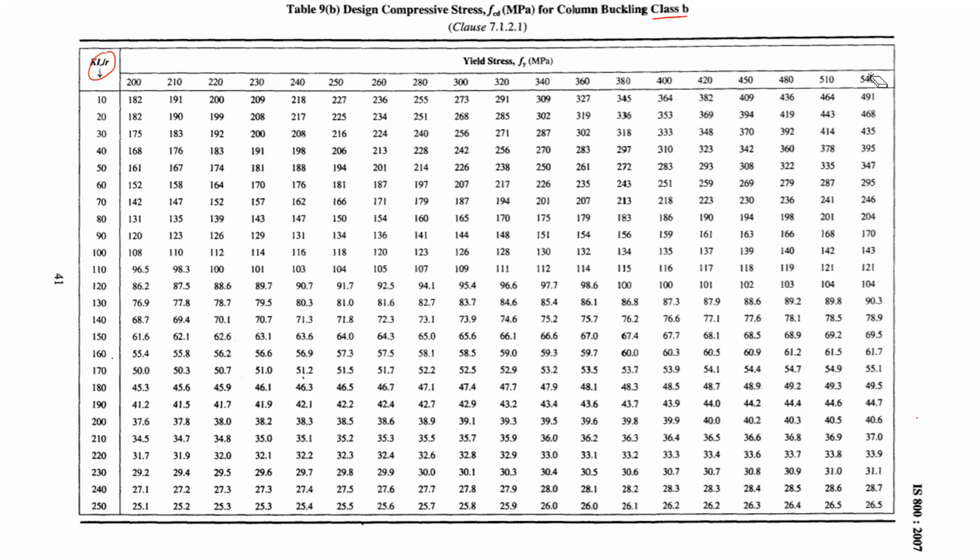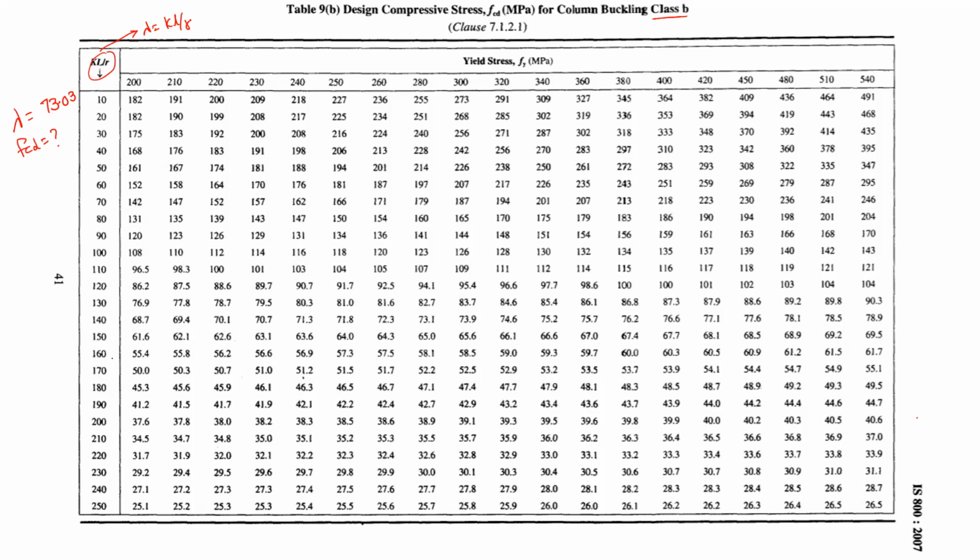So what is our lambda value? If you check down, we got the lambda value as 73.03, right? For lambda equals 73.03, we need to find out the value of FCD. So remember, lambda is nothing but KL by R. Slenderness ratio is denoted with KL by R, right?